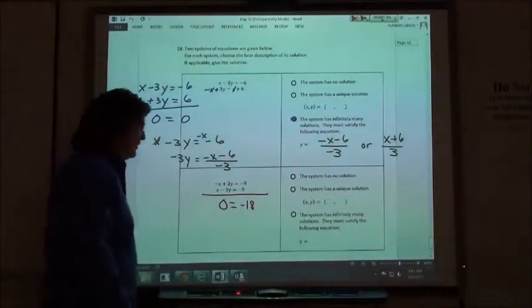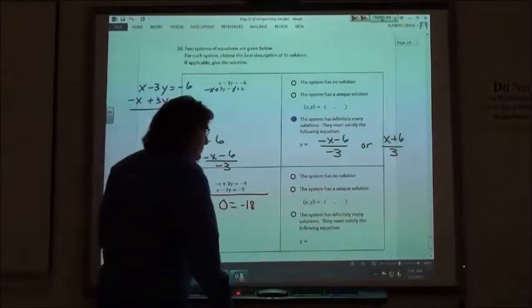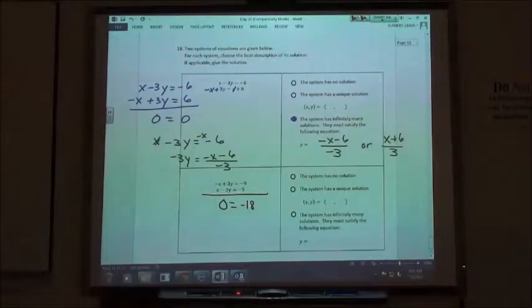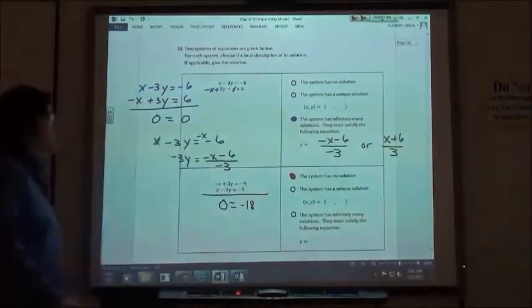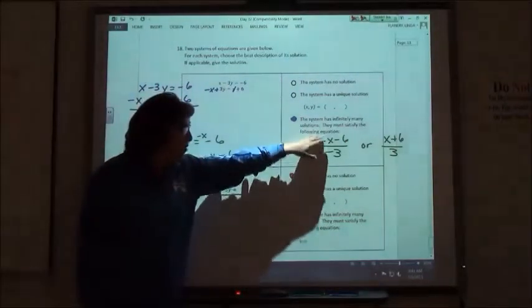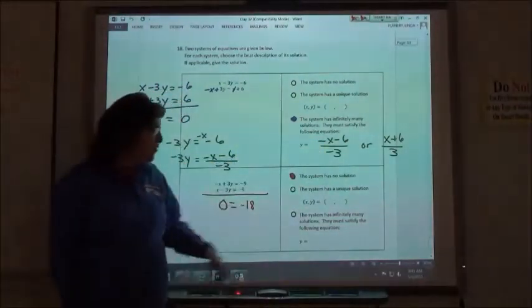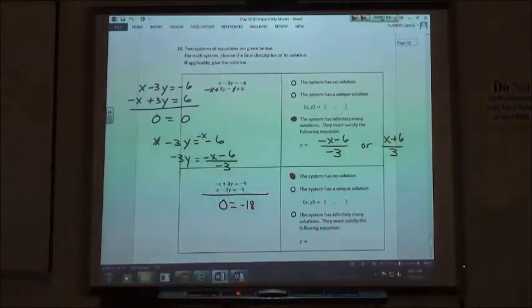The system has no solution. 0 can't equal negative 18. So if it's 0 equals 0, we have to rearrange it. But if it's 0 equals something other than 0, we just say no solution. Otherwise, we should be able to get an x equals and a y equals.